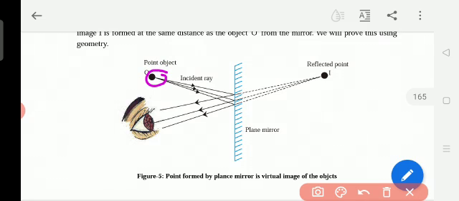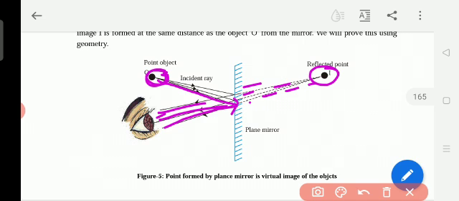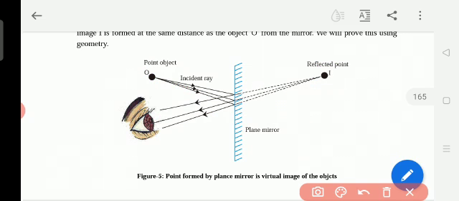Incident ray: light is falling on the mirror and it is reflecting back to our eyes. Now, this image is forming in the mirror. These dotted lines tell us that as though the rays are coming from the image. So that is why these are dotted lines, meaning not real reflected rays, as though they are coming from the image.